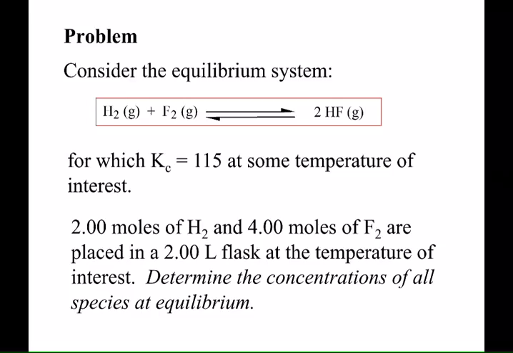And we have a value of 115 for that. For my ICE chart, I usually write reactants here: molar concentration of H2, molar concentration of F2, molar concentration of HF.